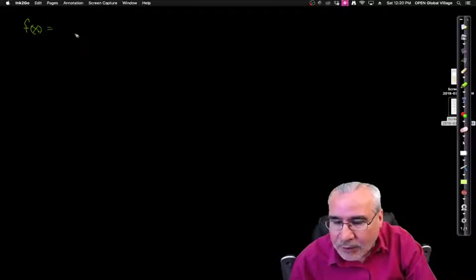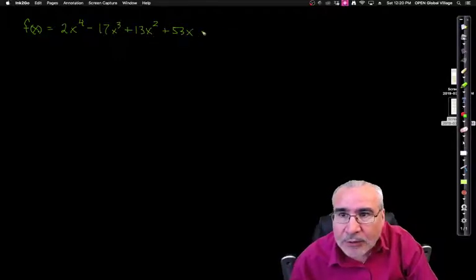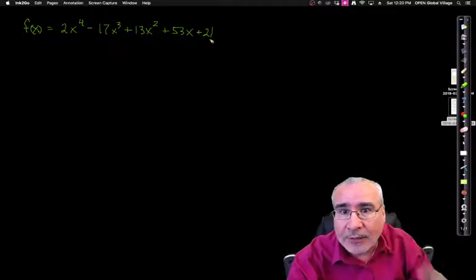So f of x equals 2x to the 4th minus 17x to the third plus 13x squared plus 53x and then plus 21. So we're getting some larger coefficients than maybe we're used to, but we should be just fine with this.